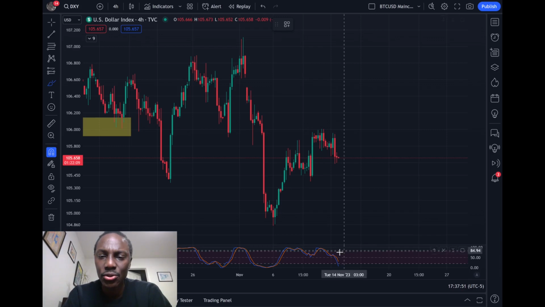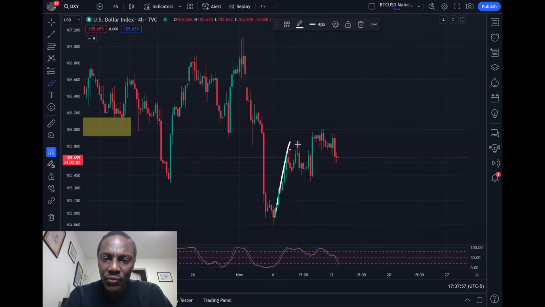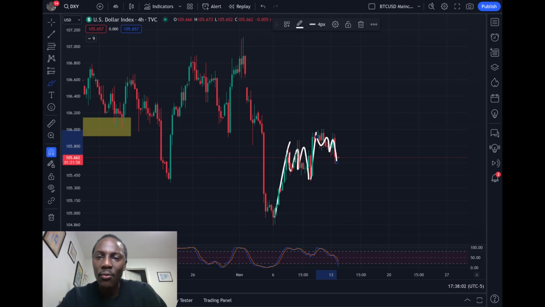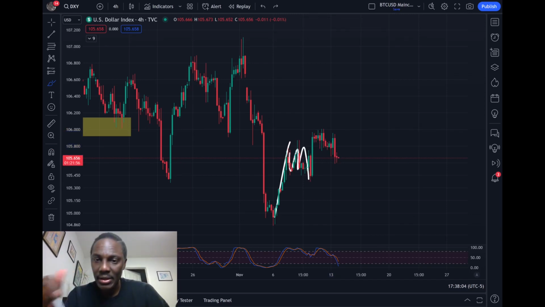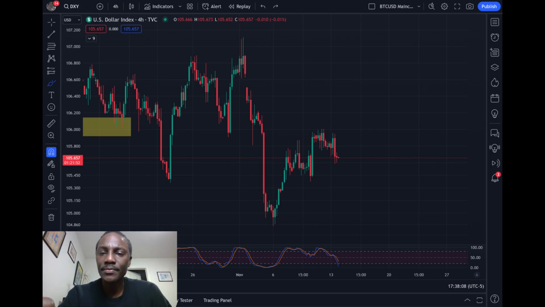On the immediate short term, on the 4-hourly time frame, we look like we're bottoming out, okay? We look like we've got a consolidation. What do you know about corrective patterns? They come in threes. Elliott wave tells us corrective patterns come in threes.